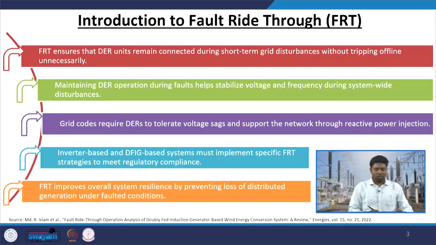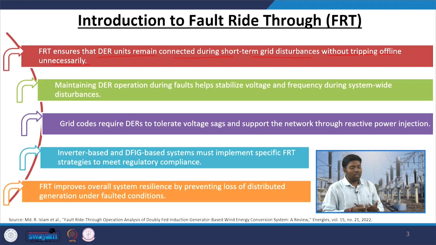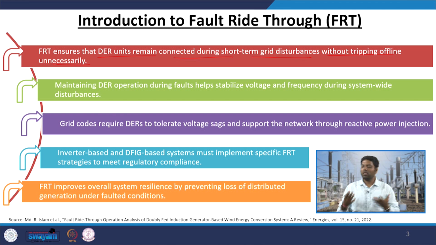So, fault ride through ensures that DER units remain connected during short term grid disturbances without tripping offline unnecessarily. That means connecting a DER with the line and synchronizing the inverters and everything with the line is a difficult, stringent process. Making it synchronized with the grid takes a longer time.